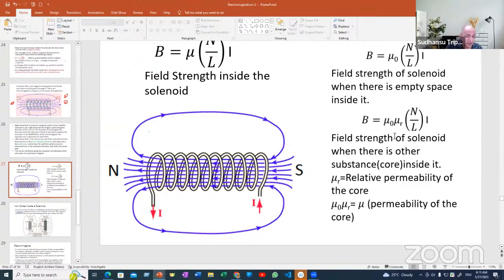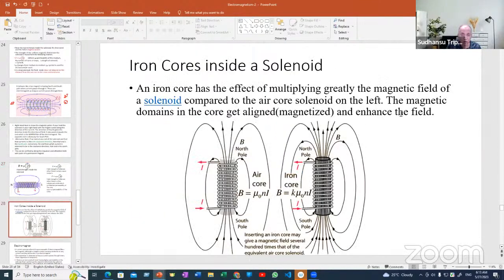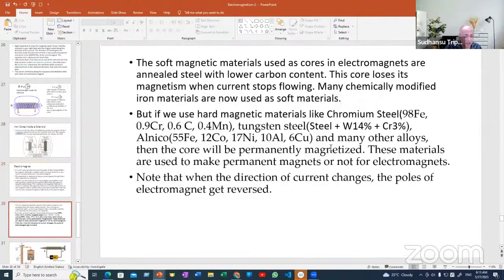This is the permeability of air or empty space, which is fixed, and other media are also fixed, but you get a table where the relative permeability is multiplied with μ0 to give you μ. Many substances can be converted to permanent magnets, particularly hard magnetic materials, but soft materials are usually taken to get temporary electromagnets, not permanent.